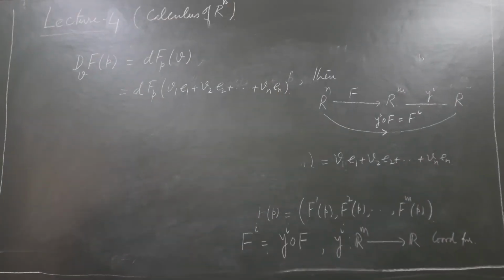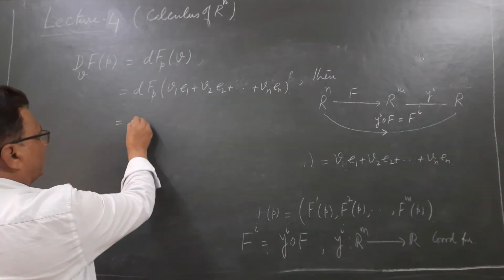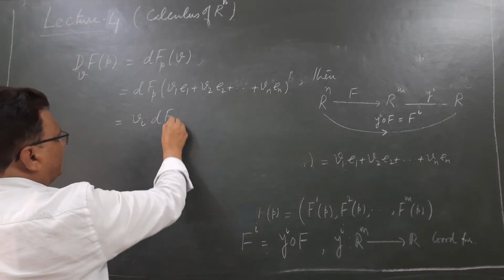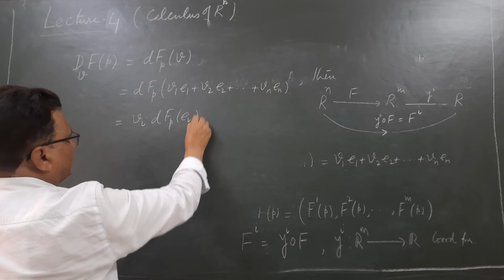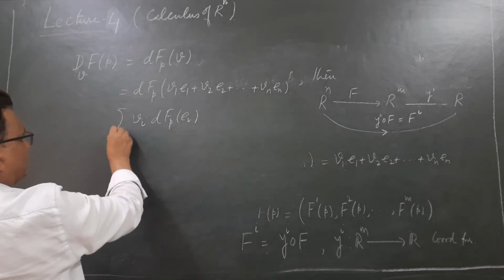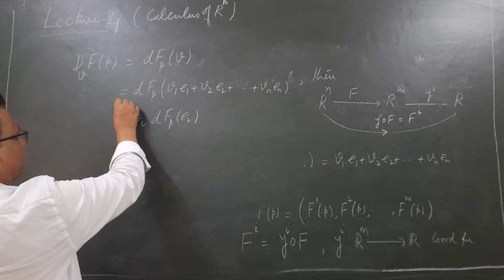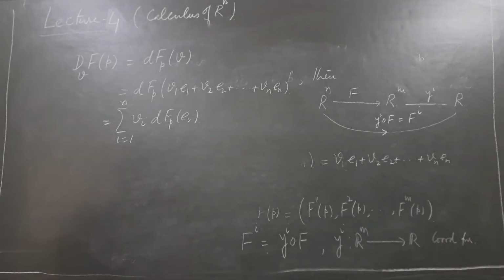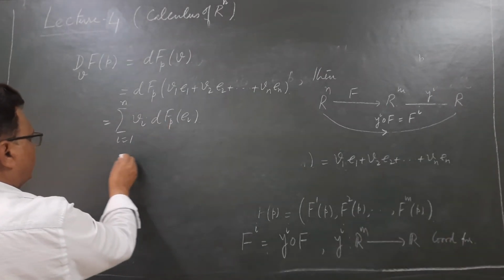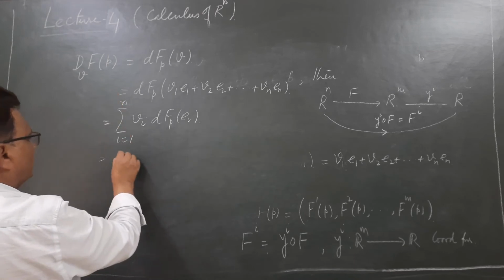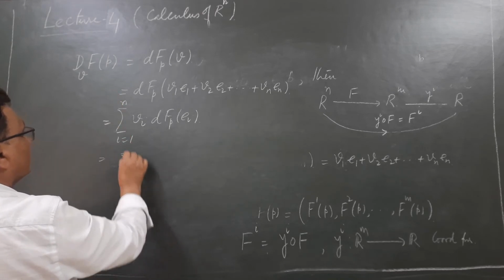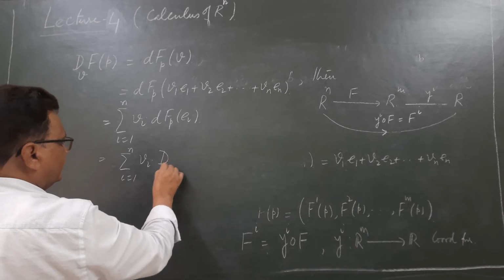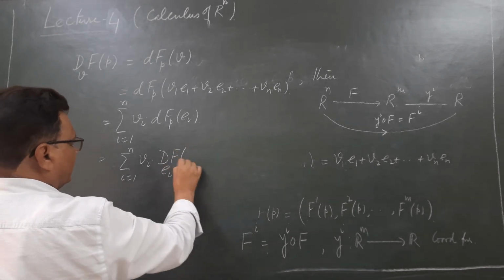Now use the linearity of dfp, it will be written as Vi dfp Ei. Am I right? Summation i runs from 1 to n, there are n components. And this dfp(ei), again by the last lemma, will be summation i equal to 1 to n Vi, d_ei f(p).